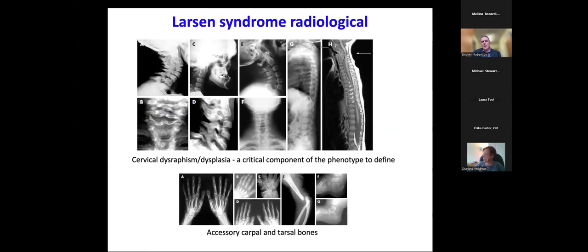Other diagnostic aids are accessory carpal and tarsal bones, as shown in the bottom panel. The so-called duplicated calcaneum, it's not actually duplicated, it's just an accessory ossification center, is perhaps overrated as a clinical sign and not as commonly demonstrated in patients as the literature might suggest.